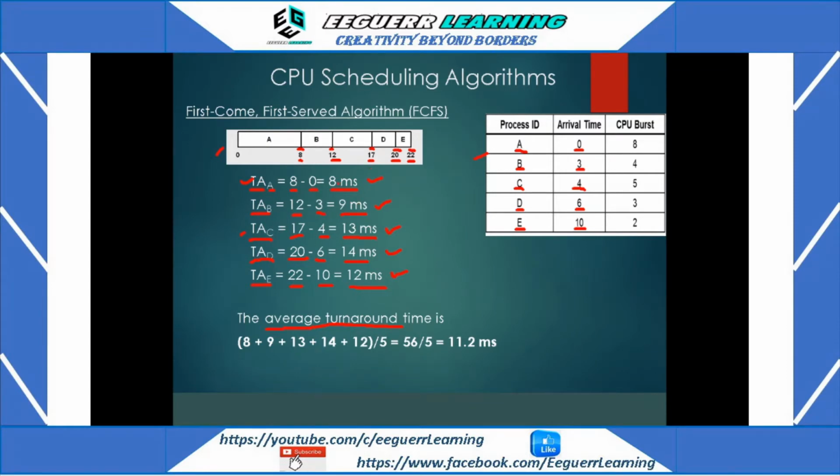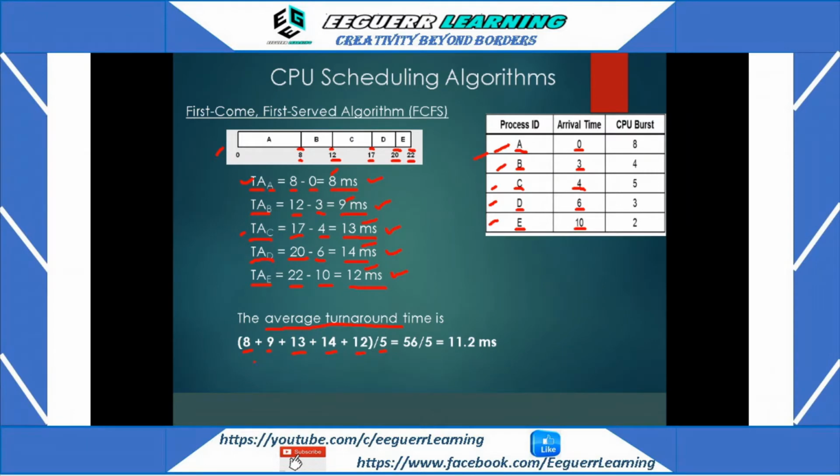So we are going to get 8 for our process A, 9 for our process B, 13 for C, 14 for process D, 12 for process E, and divide it by 5. We divide it by 5 because we have 5 processes in our table.